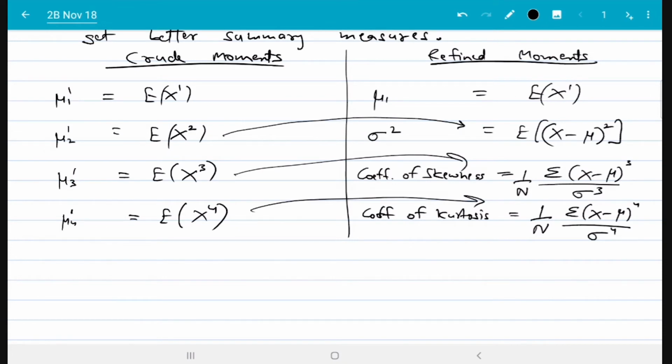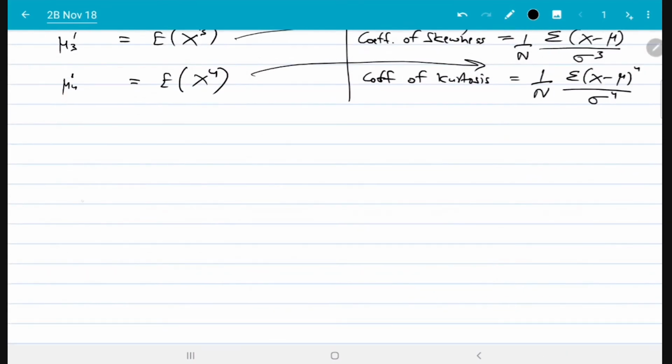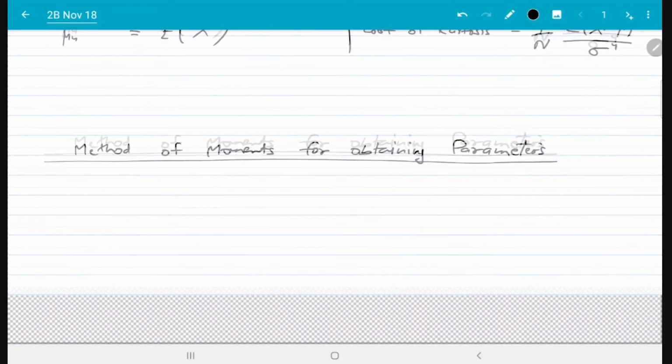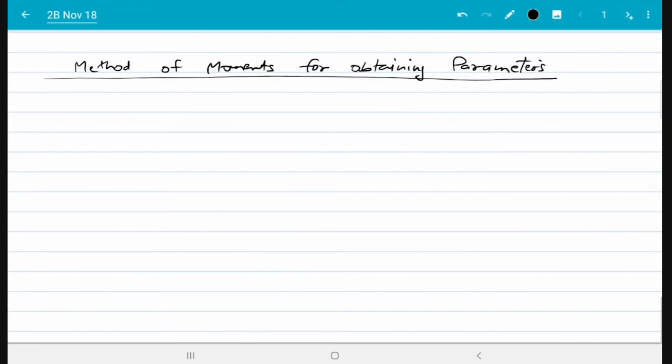Moments, that's all I will do for moments in this class. Okay, now let's move to method of moments for obtaining parameters. Now, to begin with, you will feel slightly uneasy with this theory.